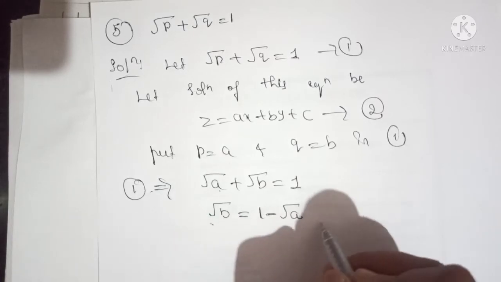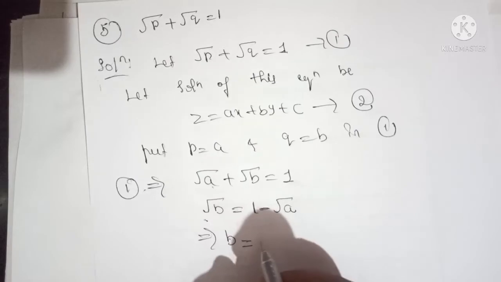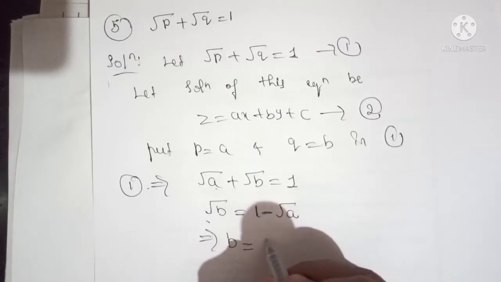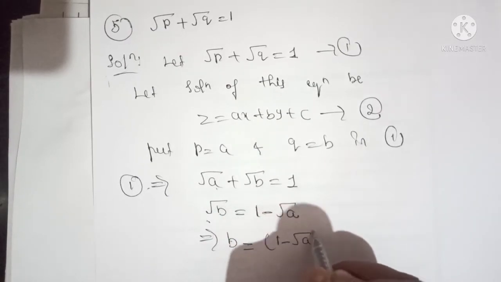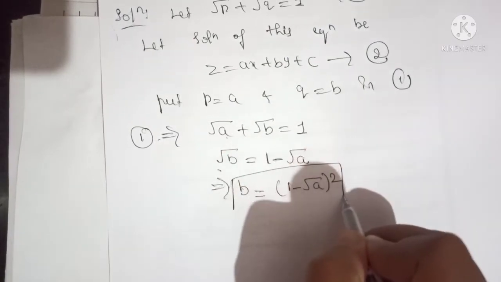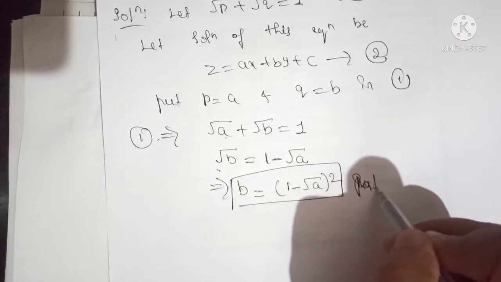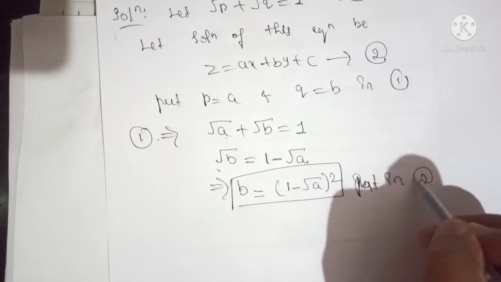Further, first we simplify this B value. So B will be 1 minus root A whole square. So now substituting this value, put in 2.